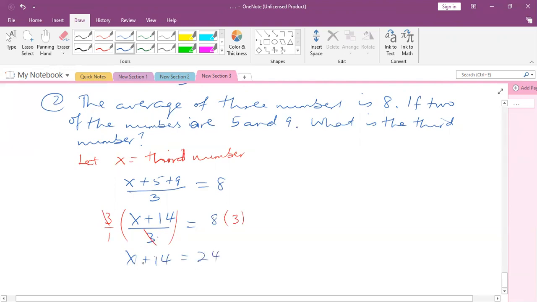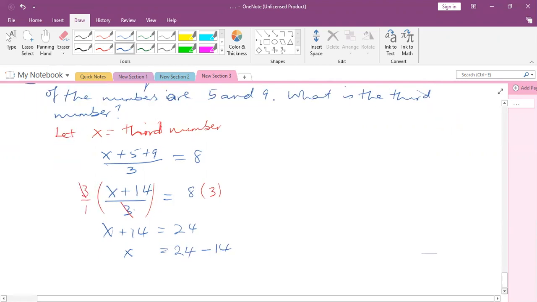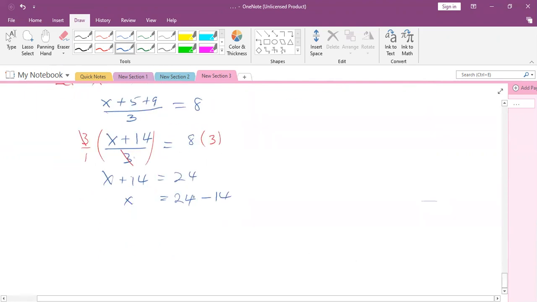Then you subtract 14 from both sides, the opposite action, the additive inverse, which is subtraction. If it's adding, you subtract. So I subtract 14 from the left side and 14 from the right side. Anytime you move a number across the equal sign, it becomes minus. So I have x equal to 10. And this is the number that you're looking for, the third number.